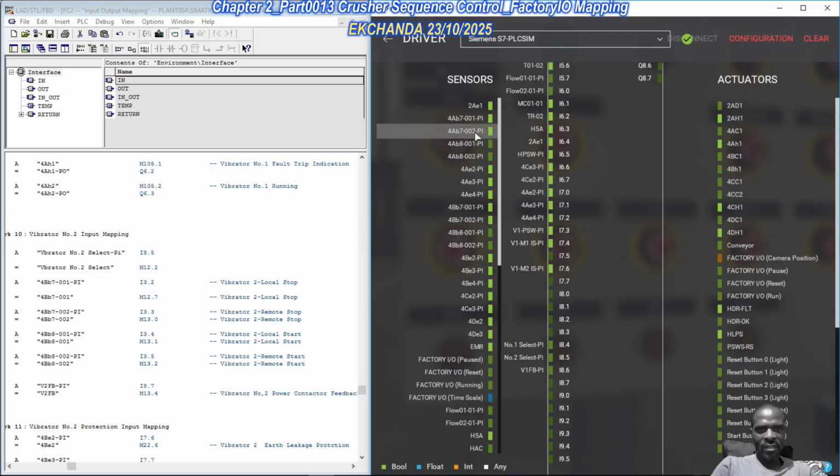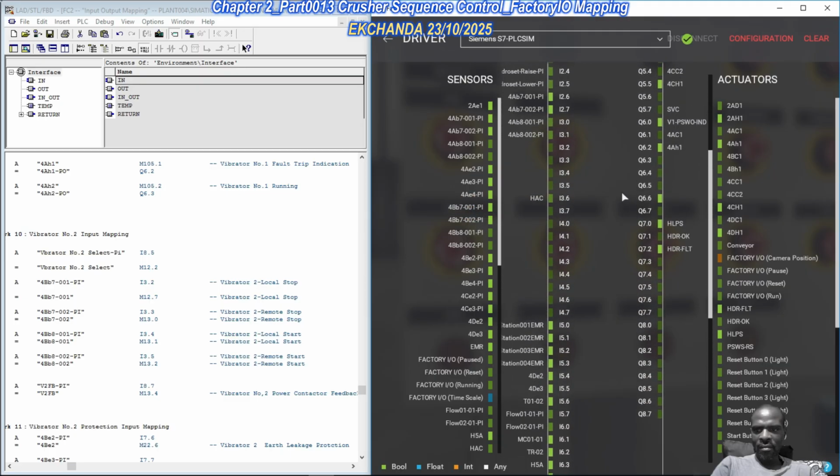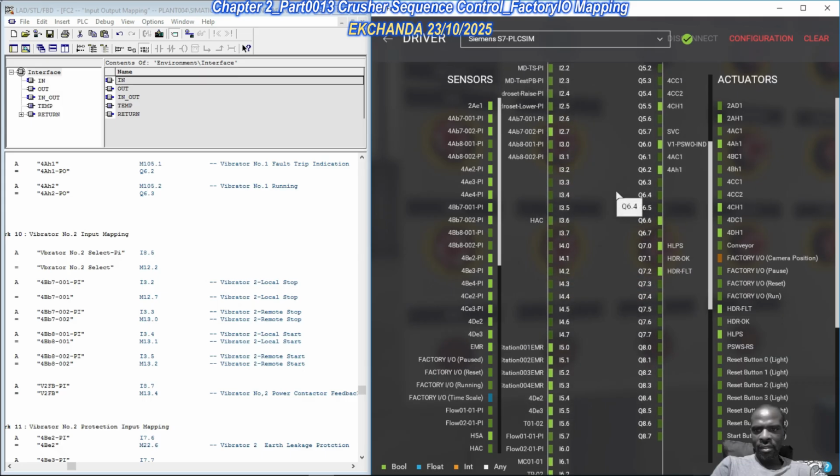So 4BB7 001 is input 3.2 and 4BB7 002 is input 3.3.